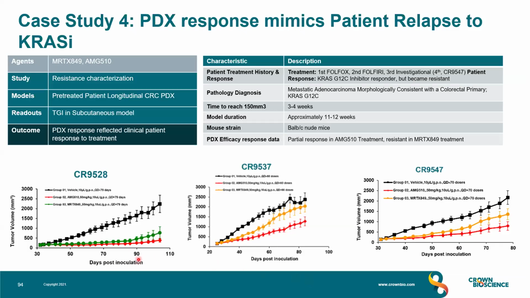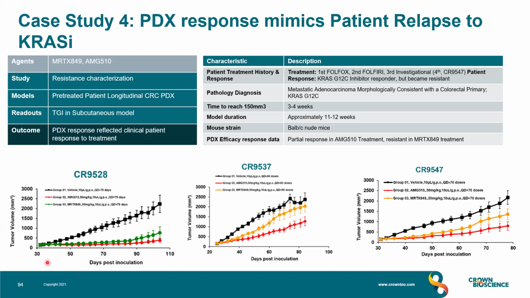So here you can see the growth profiles of those 3 PDX models, which are subcutaneous from that same patient at different stages of disease progression and treatment relapse. So the original model shown here, from when the patient was initially responsive to KRAS inhibitors, shows good TGI in PDX.